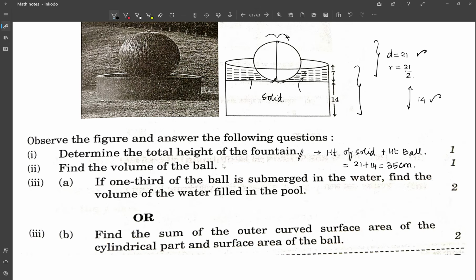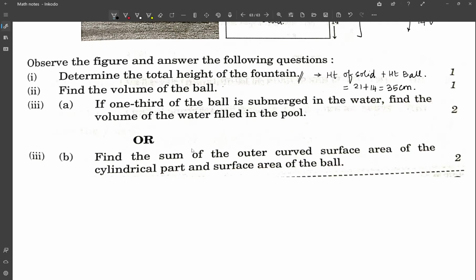Find the volume of the ball. It's a solid ball, so it has a radius of 21 by 2. To solve this, volume is equal to 4 by 3 pi r cube. That is equal to 4 by 3. In terms of pi, that would be 22 by 7.